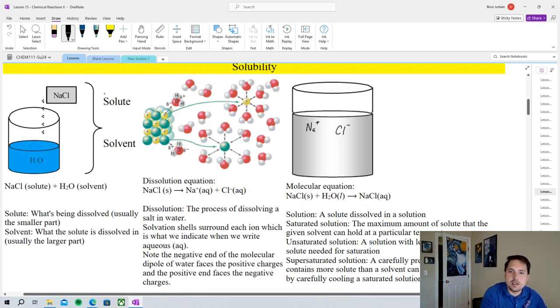If I put a packet of sodium chloride into the water here, there might be some amount at the bottom, and that's if you put a lot of sodium chloride in. It's not all going to dissolve. The sodium chloride that doesn't dissolve will stay at the bottom, but the stuff that's in the solution will be mixed, and we'll get a bunch of ions of sodium and chlorine.